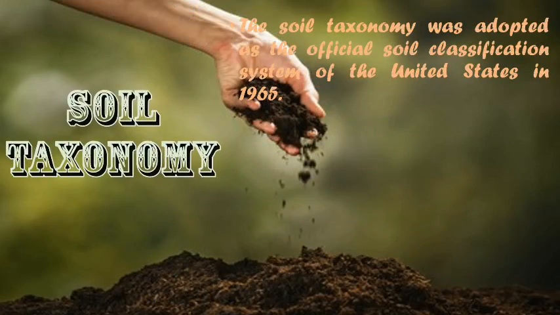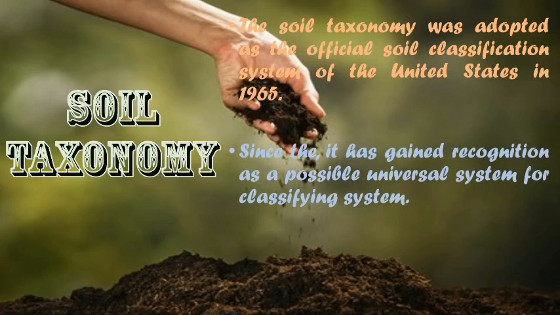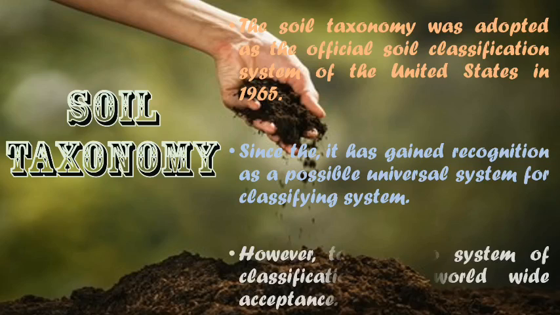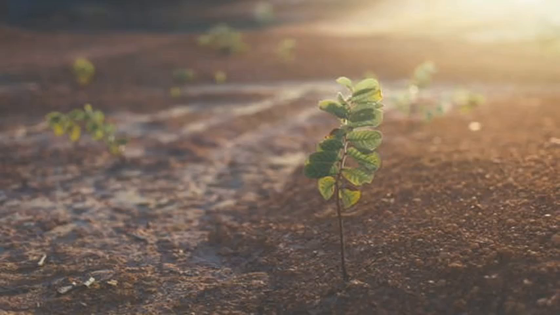The soil taxonomy was adopted as the official soil classification system of the United States in 1965. Since then, it has gained recognition as a possible universal system for classifying soils. However, to date, no system of classification has worldwide acceptance.